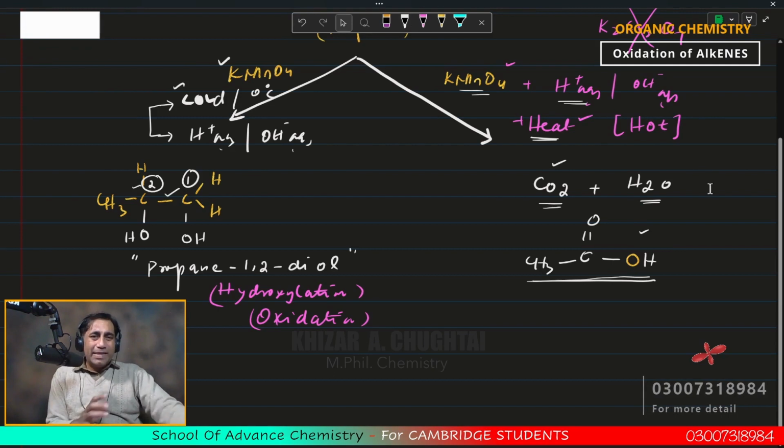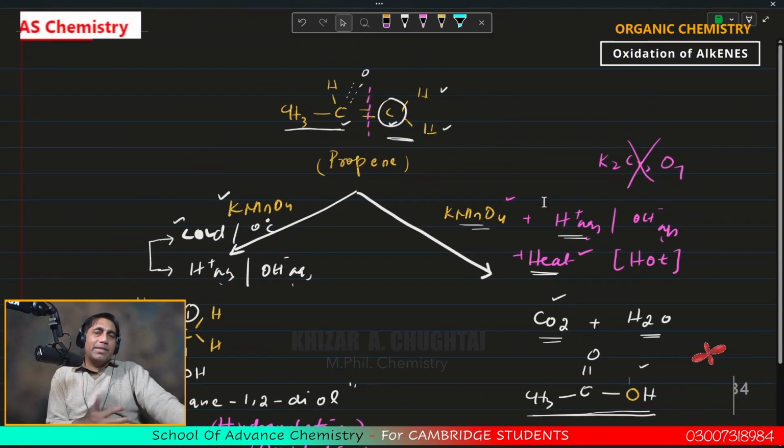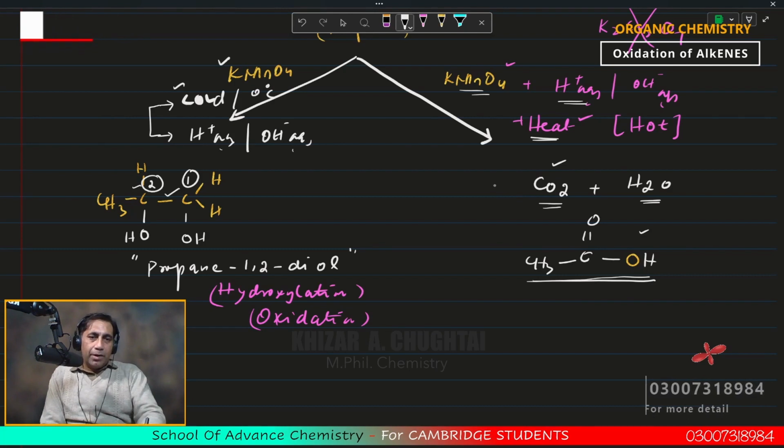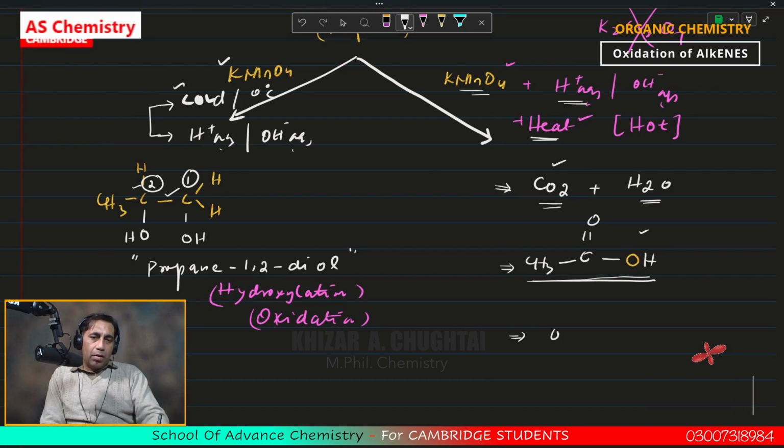So this is the basic theme to convert any carbon-carbon double bond compound into CO2, into acid, and there is also a possibility of the formation of ketone. So basically, carbon compounds can be changed into CO2 in this way, into acid, or into ketone.